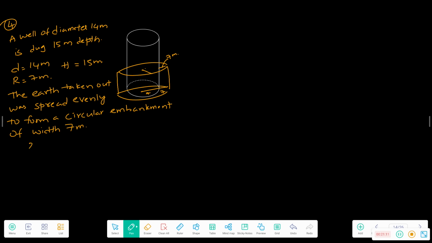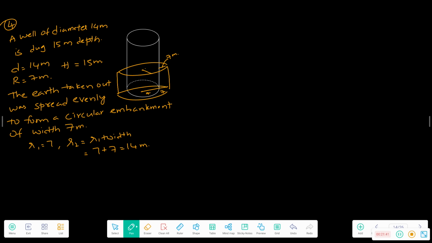Now here R1 we will take only 7. R2 is equal to R1 plus width, that is 7 plus 7, 14 meter.